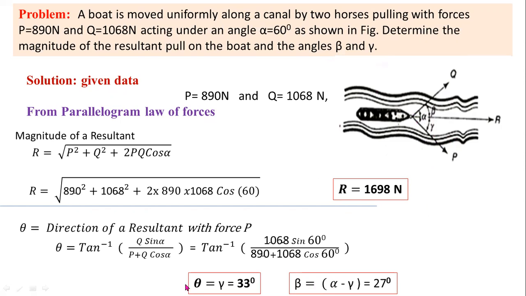We already know gamma is 33 degrees and alpha is 60 degrees. Substitute the alpha and gamma values in this equation and you get the value of beta. Beta is the angle between the resultant and the force Q. Now this is the answer for this problem.